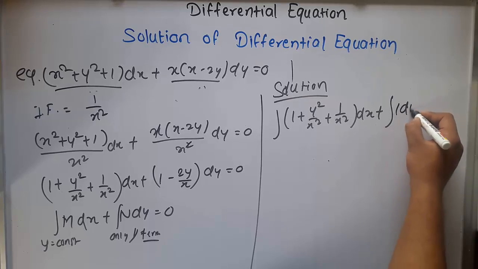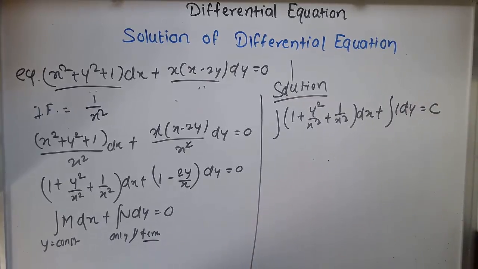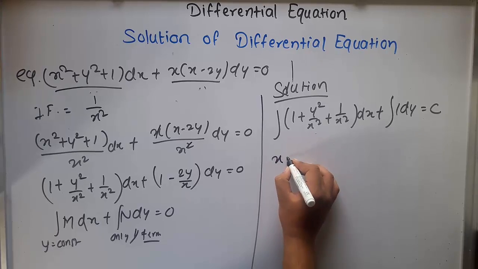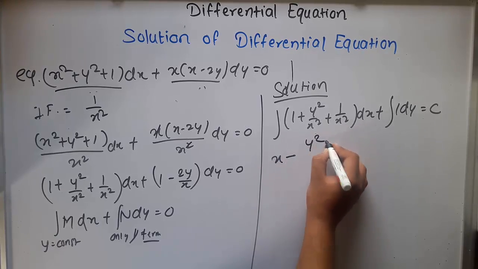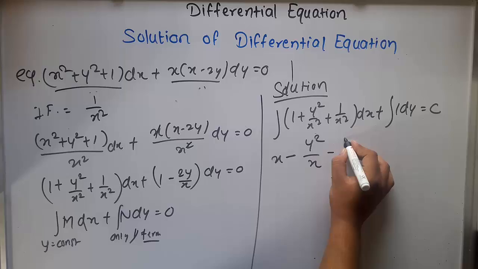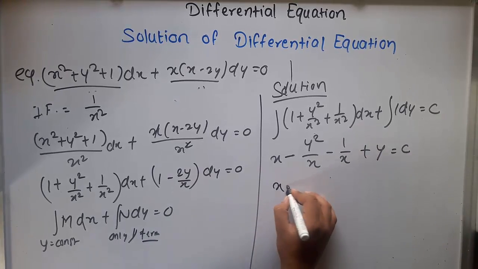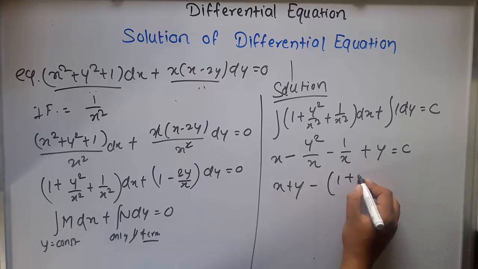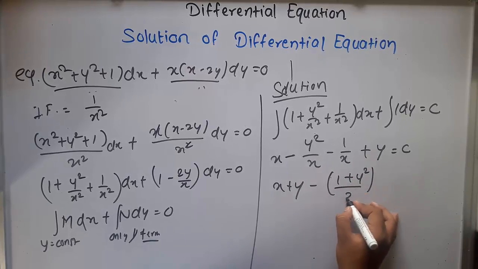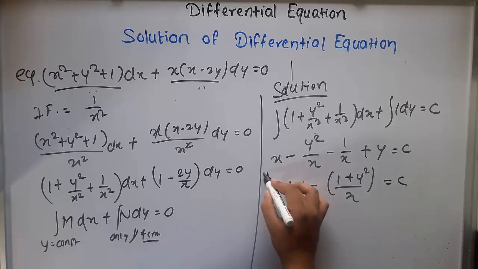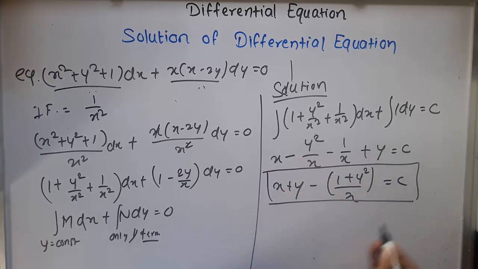Integration 1 dy equal to c. By integrating we get x minus y square upon x minus 1 by x plus y equal to c. So our final equation will be x plus y minus 1 plus y square divided by x equal to c. This is our final solution.